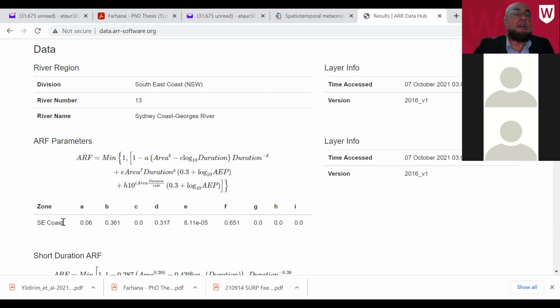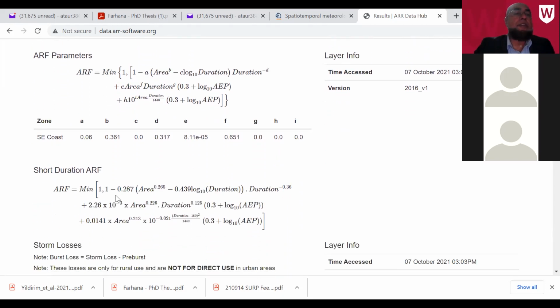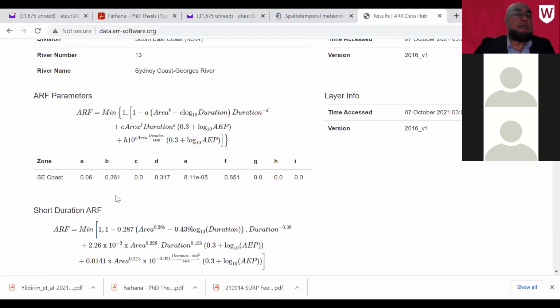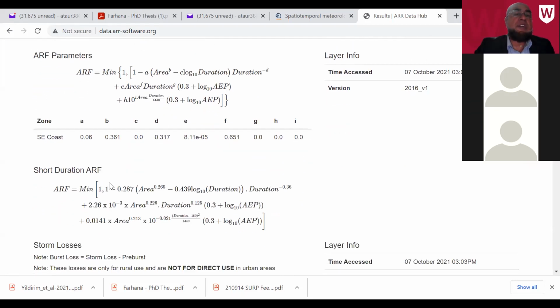So this is for the Southeast Coast zone. The coefficients here, A, B, C, D, all these coefficients are given here for this particular location. For short duration ARF, we can use this equation here.